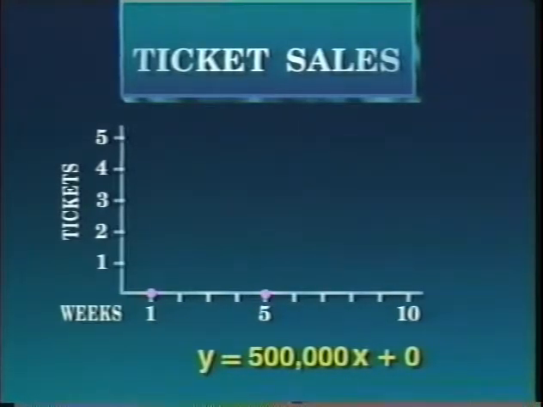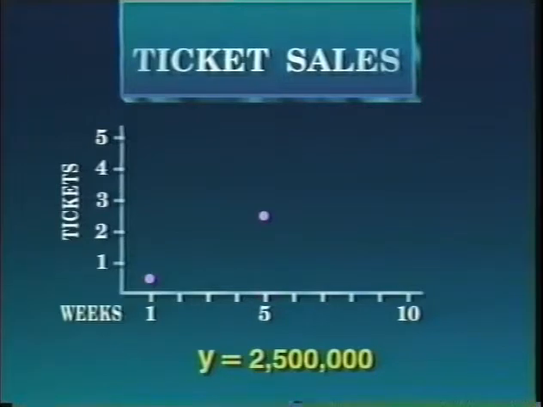The equation lets us find the corresponding y value for each x value, which in turn gives us the coordinates of our points. When x is 1, y is 500,000. So that's this point here. And when x is 5, y is 2,500,000. So that's this point. Now we can draw a line.